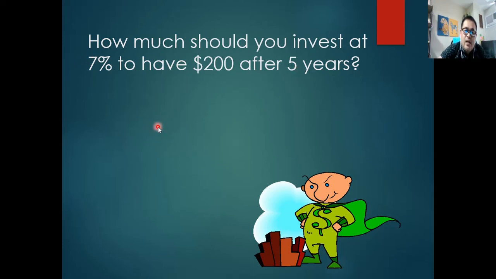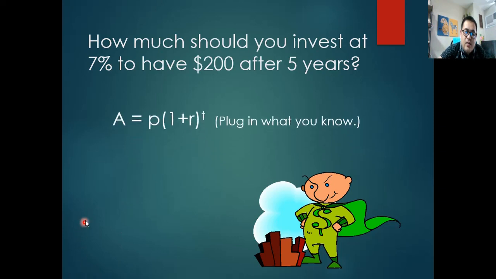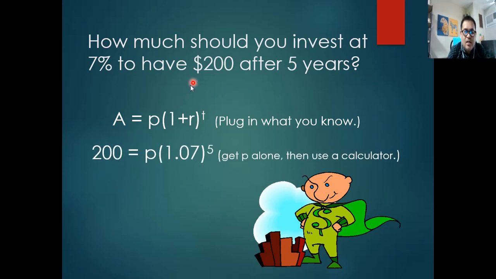By substituting this, we have A is equal to P times 1 plus R raised to the exponent. So we have 200 because this is the compound interest, P times 1.07. This is constant because rate is 0.07 because of 7%. If we change that to decimal, that's 0.07. And raised to 5 because time is 5 years.